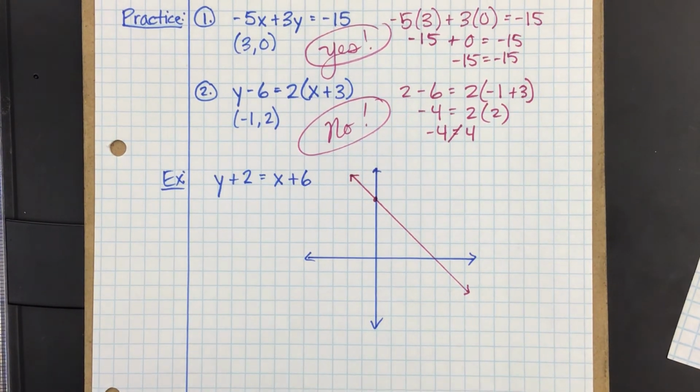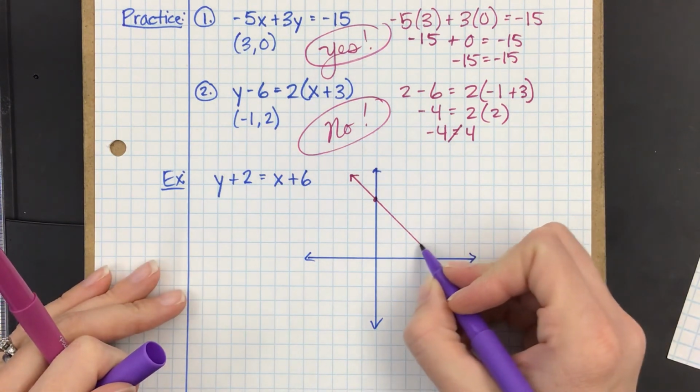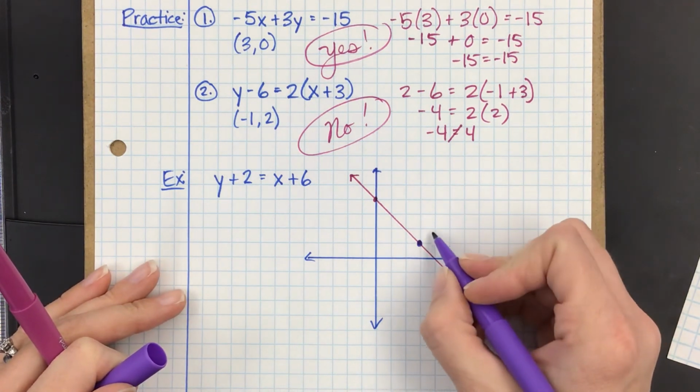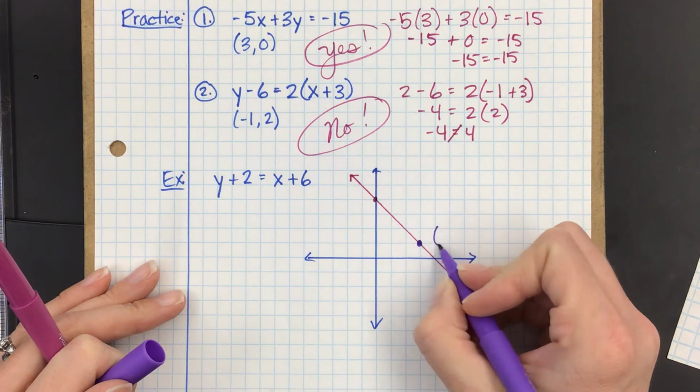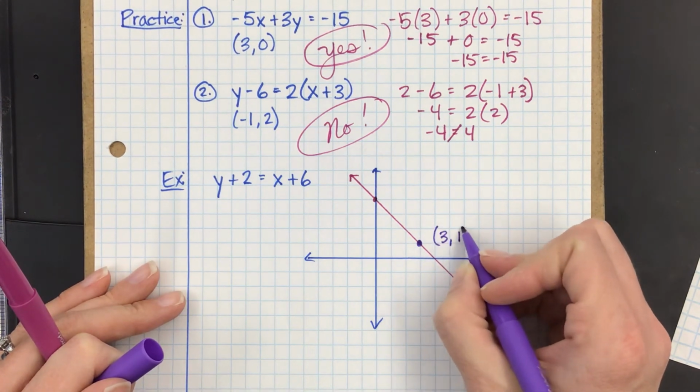Okay, so when you're given a graph and you're asked whether or not this graph represents the equation, what you're going to do is pick a point on the graph and test it just like we just did. So in this case, I could just pick a point. It doesn't matter which one. I'll pick this one. This is the point 3, 1.